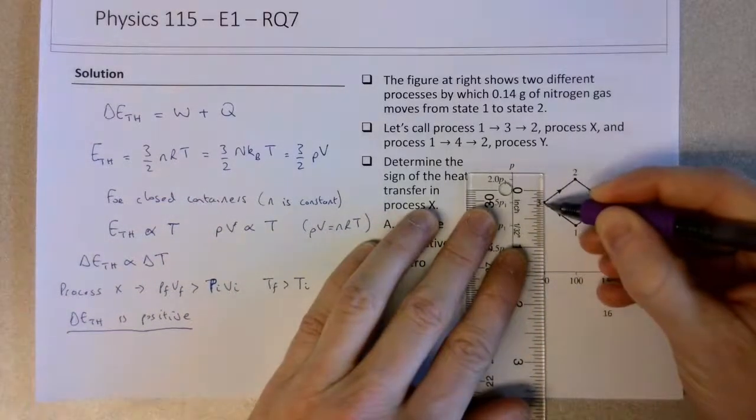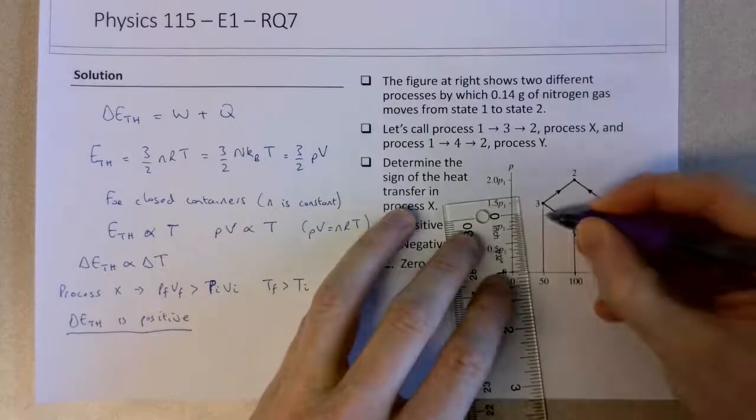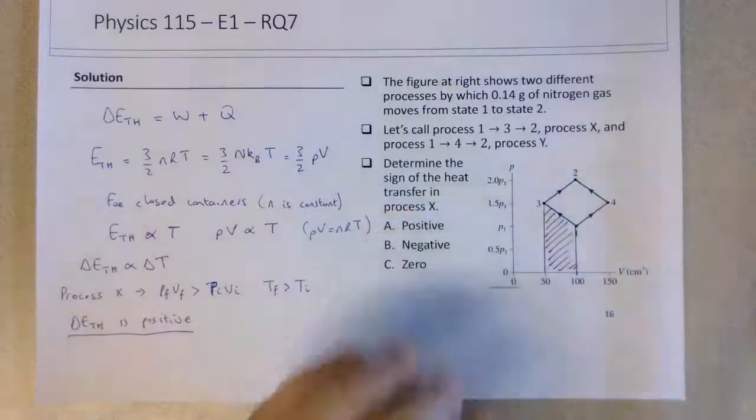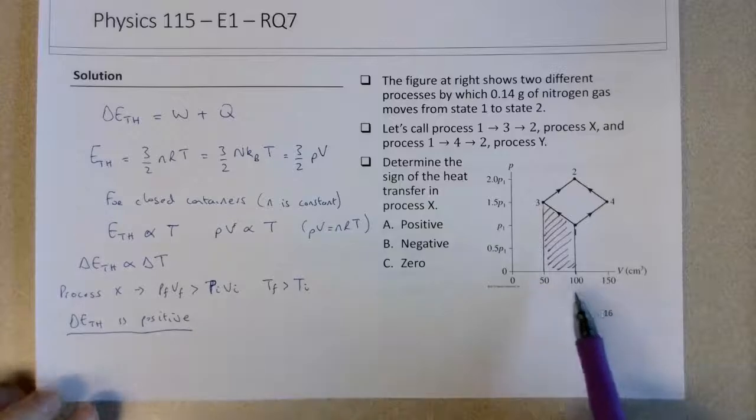that is a compression of the gas. So we're looking at this area here. Let's highlight this in purple. I can state that this is a compression where the final volume is less than the initial volume.